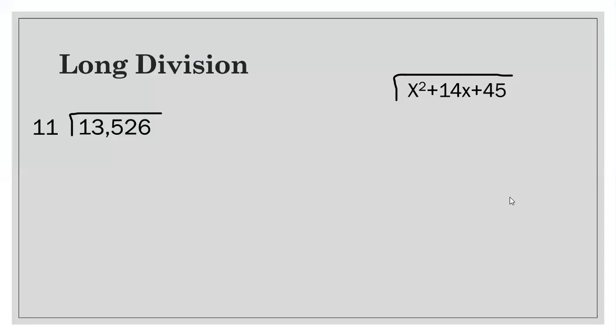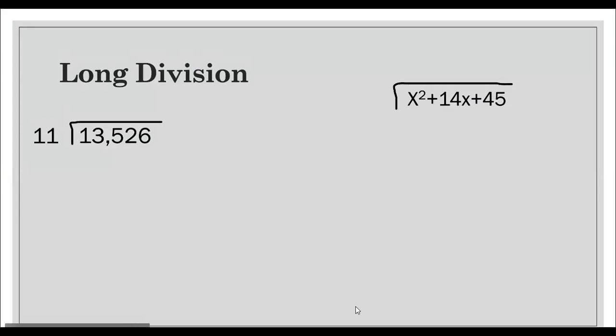So I put a problem here for long division just with numbers, because what we're going to do with polynomials is very analogous to what we would do with long division with just numbers. So when we look at this number, we have 13,526 divided by 11.